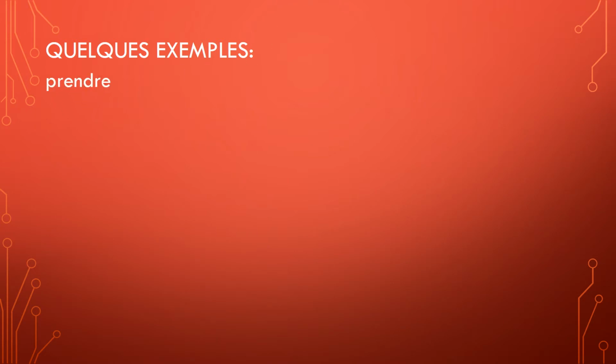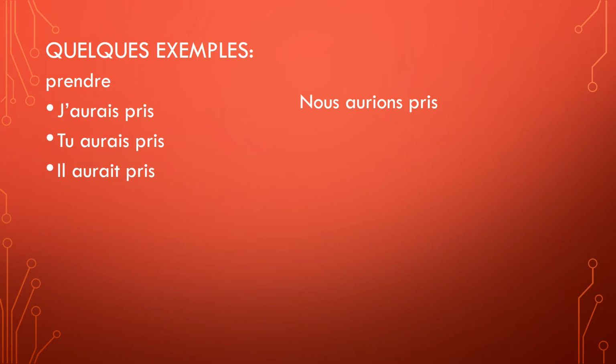We've got the verb prendre, and we can see that we have our subject, je, our helping verb, avoir, which we've put in the conditional, and then what we call the past participle, pris. So that says, I would have taken, now it's you would have taken, he would have taken, we would have taken, and y'all would have taken, or you formal, and they would have taken.